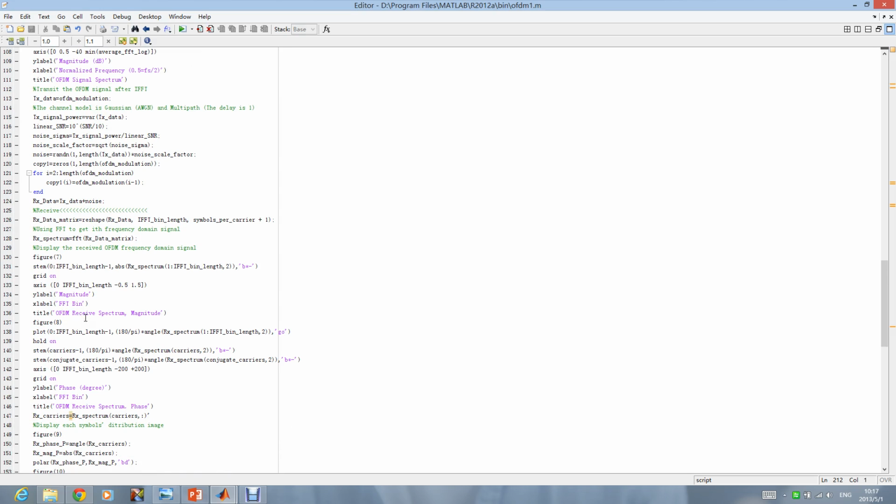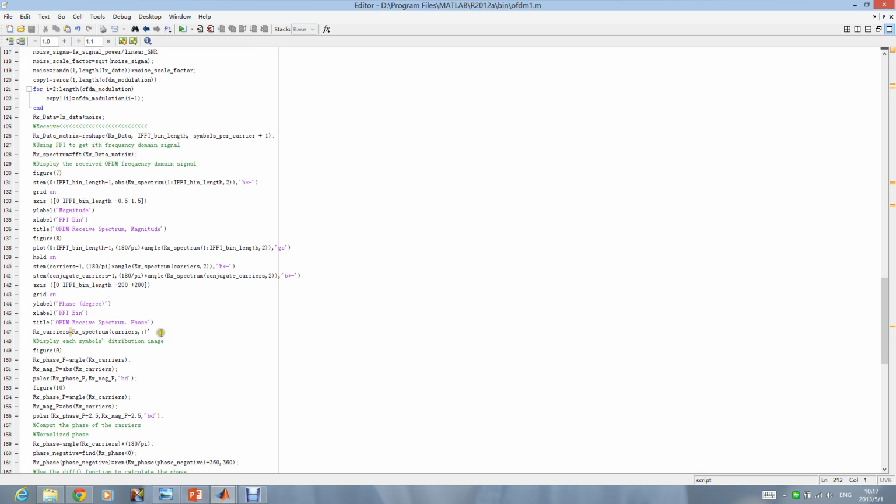And also figure 8, we can see the OFDM receiver's spectrum in phase. Both these two images are very important because this is the receiver, and we can see how the OFDM signal is received, both in phase and magnitude.